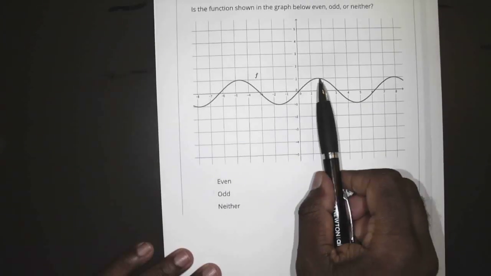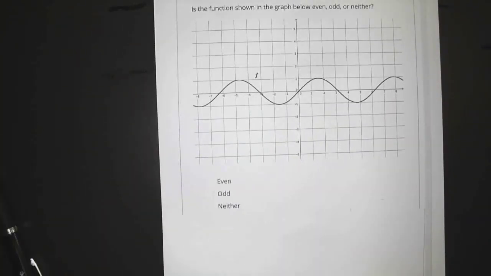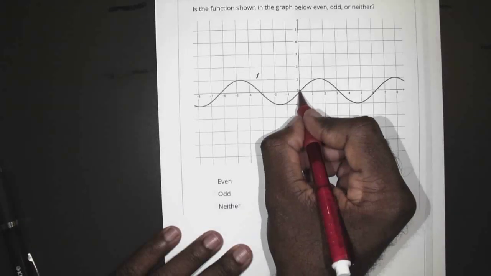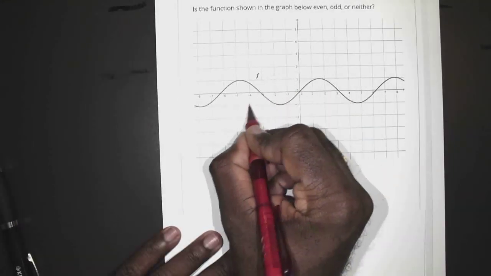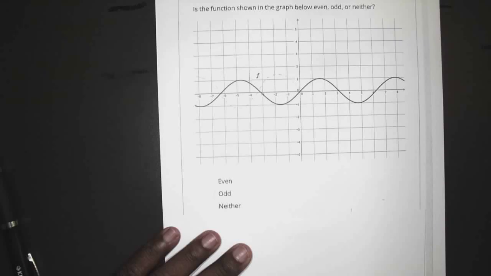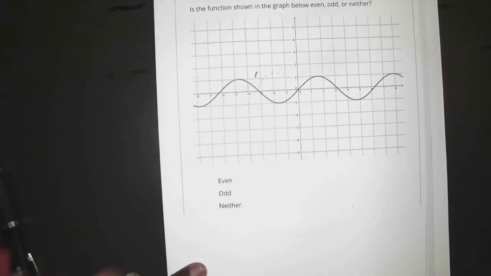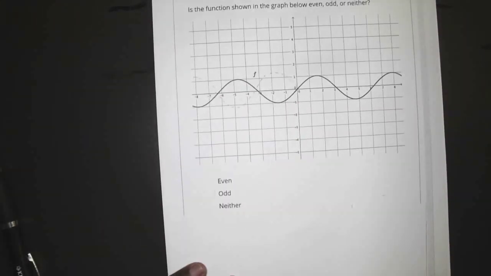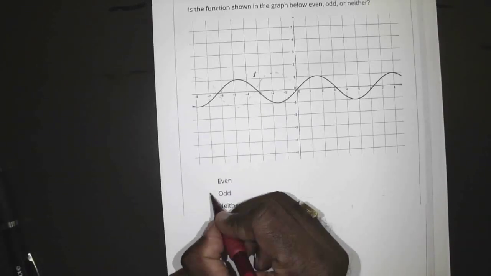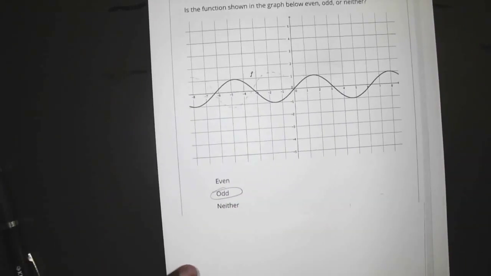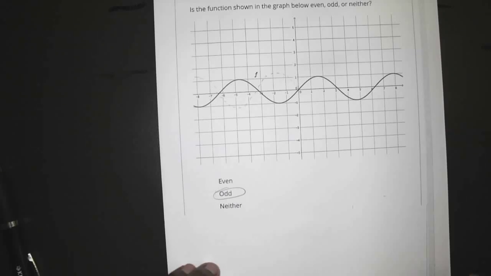So if you flip this one around across that, it will look kind of like that. So now if you flip it across the y-axis and then flip it again this way, you'll see it matches there. So that's how you know this one is what? Yep, it's odd. So to find an odd graph, you'd have to flip it twice. Any questions on this one?